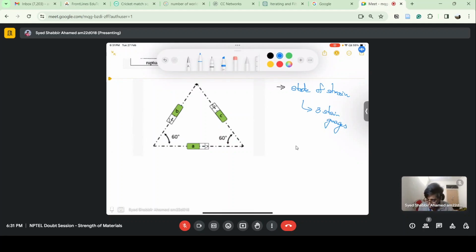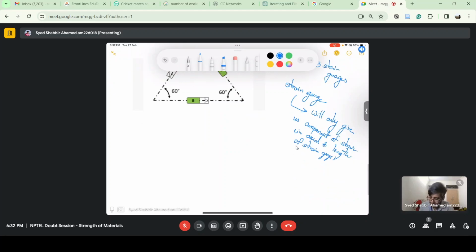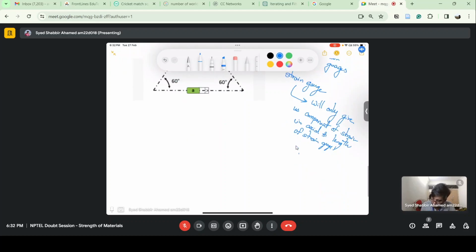A single strain gauge will only give us the component of strain in the axial or length direction of the strain gauge. Like here, we have a strain gauge.